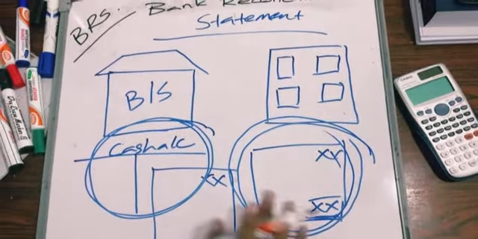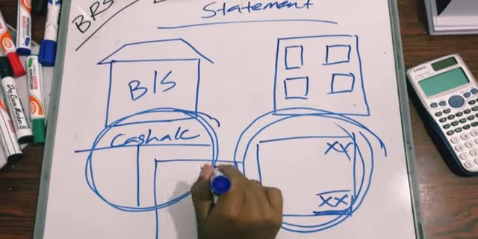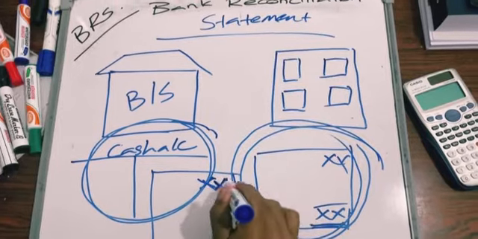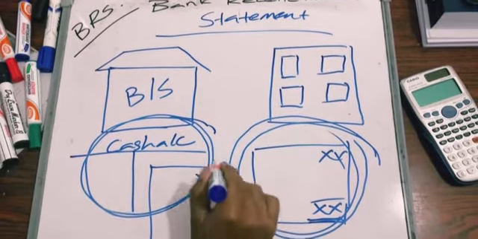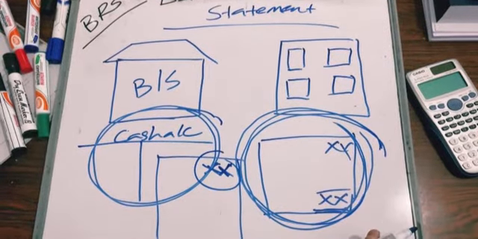The first thing you have to keep in mind is that it is prepared to show the variations between the cash account and the bank statement. We don't correct the amount, but we show the variation between the cash account and the bank statement. That's the first point.